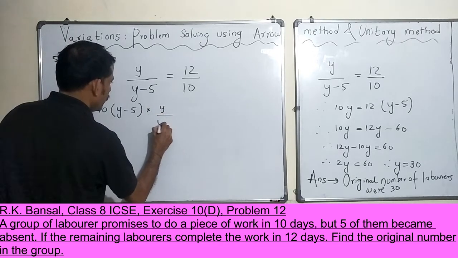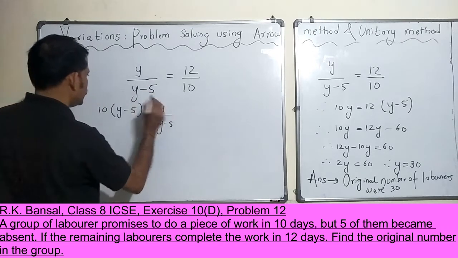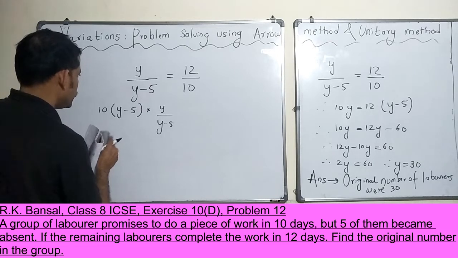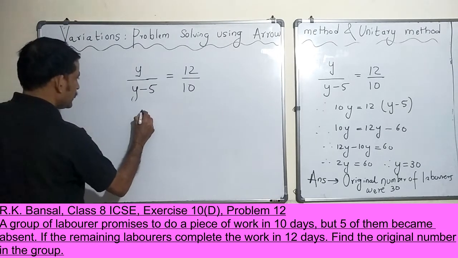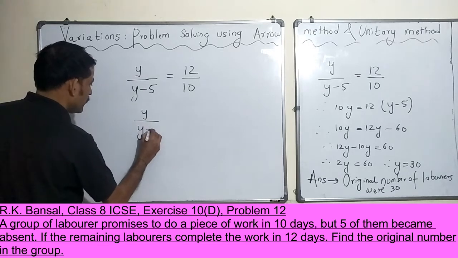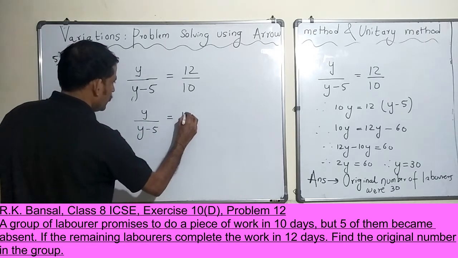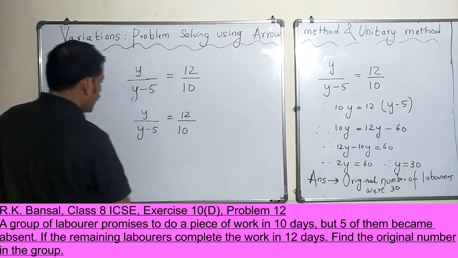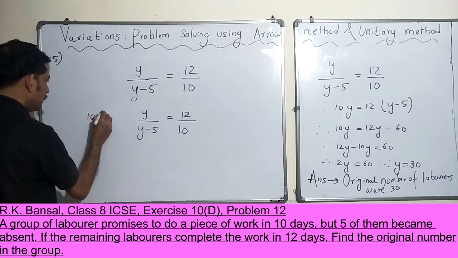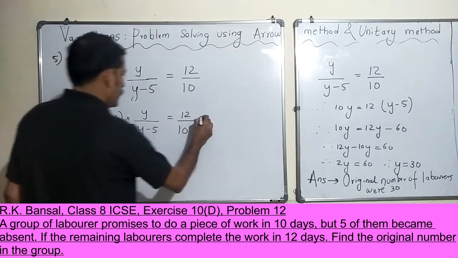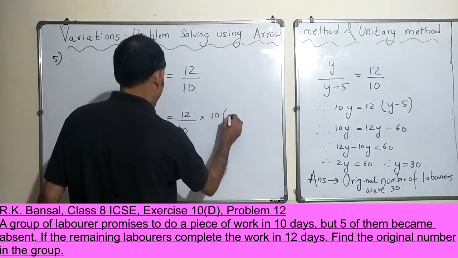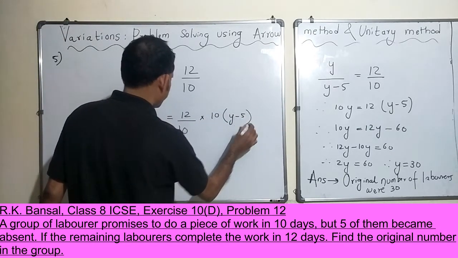I write this as y minus 5, 12 by 10, and I multiply both sides with 10 into y minus 5. Now that is pretty fair, right?